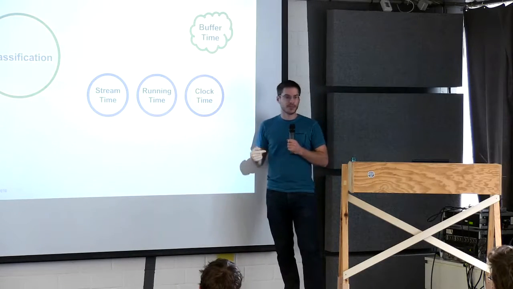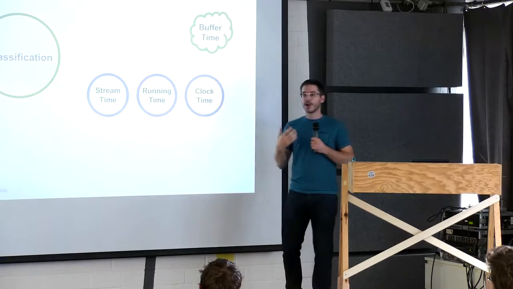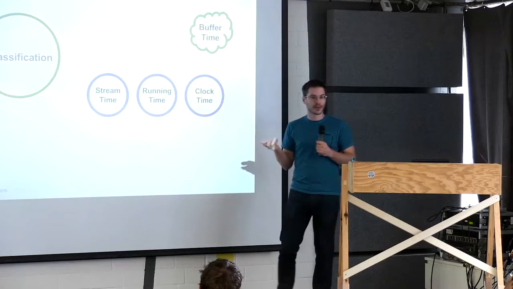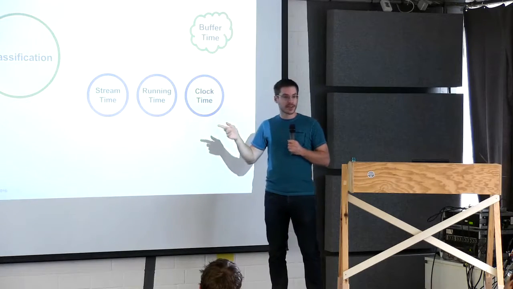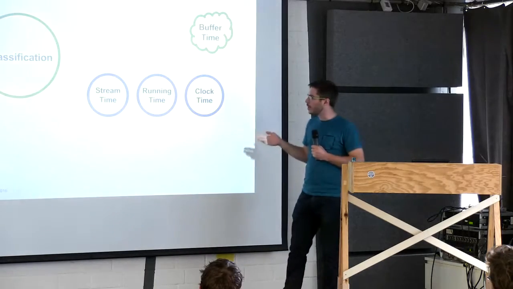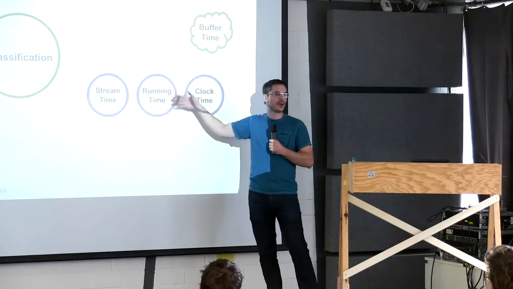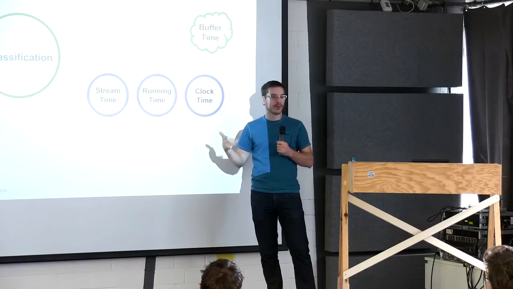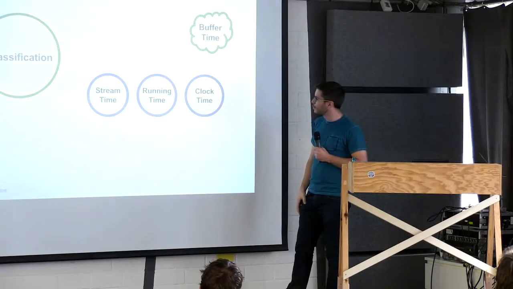Finally, you get the clock time. So GStreamer on the pipeline, there's a clock, and that's the time you read on the clock. The point in time it starts exists, but it's undefined. It doesn't mean anything. So that's why we need something like running time to create a base time to be able to make sense.